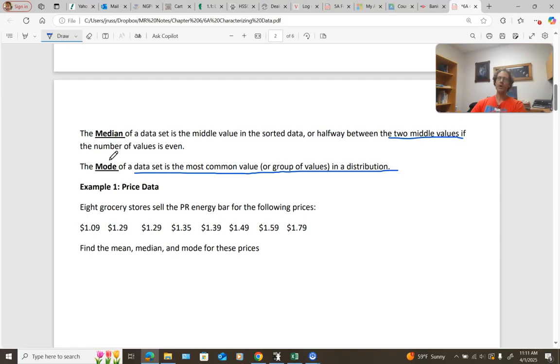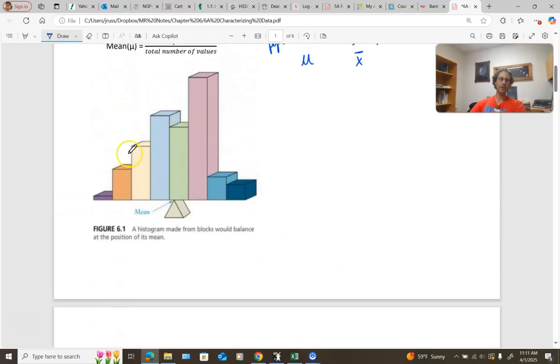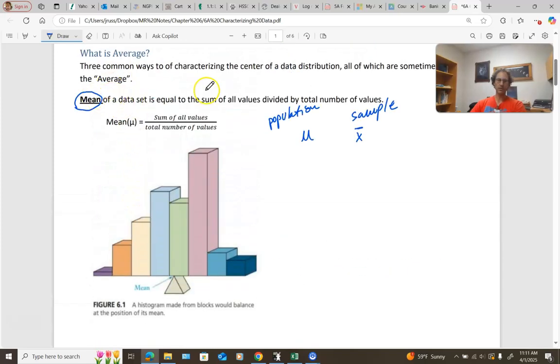For example, what if there are 2 values that occur 5 times in a data set and the rest of the values only occur once? Well, there would be 2 modes corresponding to those 2 individual values that are repeated 5 times. So these are the 3 different measures of central tendency that we're going to be using to describe the data set.